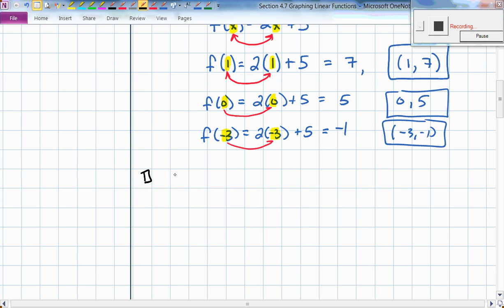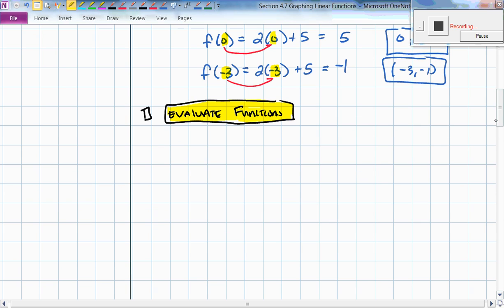Okay, next thing we're going to do is evaluate functions, but we're going to do it a little bit differently in this case. There are 2 ways I want you to do this. We have the first one where we plug in an x value, but this one's going to be a little bit different. Here are the directions: find the value of x that makes f of x equal to 10.